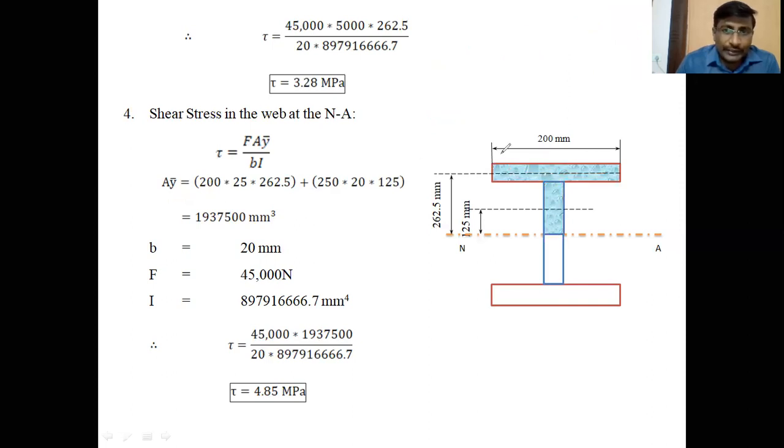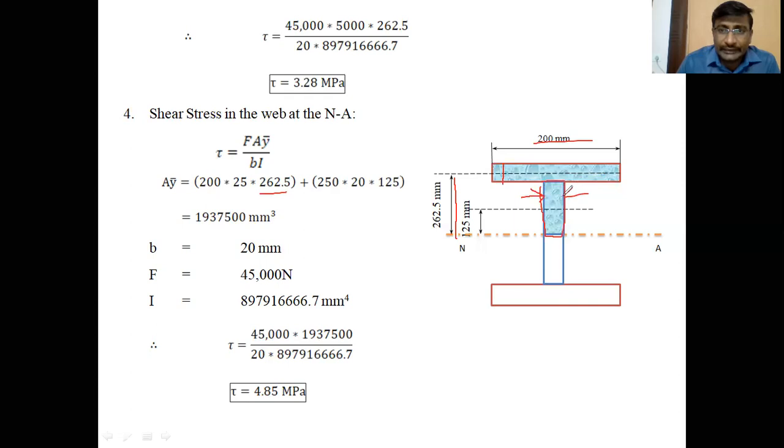Here, 200 into 25 is the area of the flange, that is A1, into 262.5, the distance of its CG from the neutral axis, plus A2Y2. A2 is the area of this half of the web. Half of the web height is 250, as the total web height is 500, and 20 is the thickness of the web.